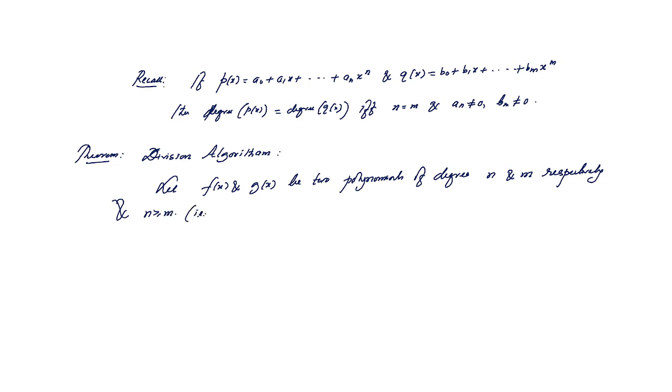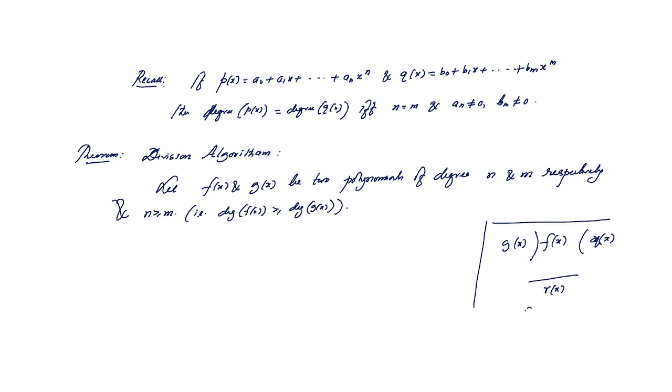That means the degree of f(x) is greater than or equal to the degree of g(x). So we can divide f(x) by g(x), and in that case we'll get a quotient q(x) and a remainder r(x).